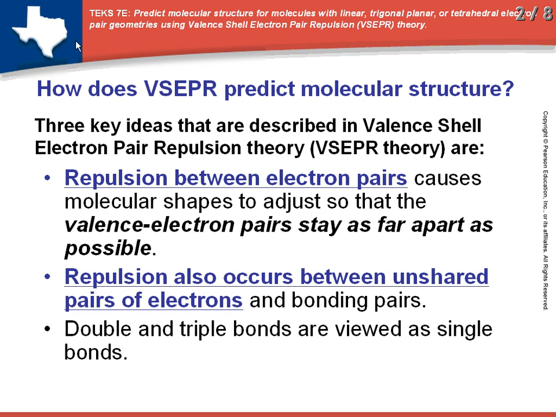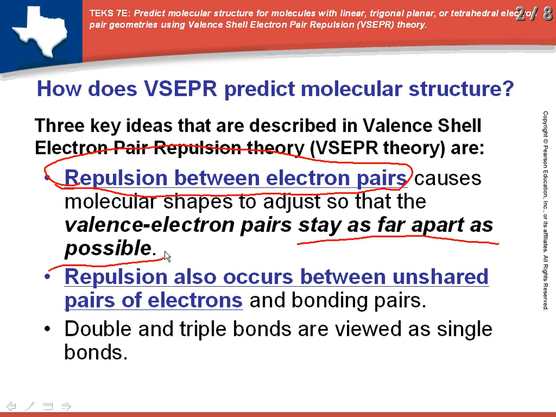Before I get into the types of shapes, let's just talk about the main aspects of VSEPR theory. Number one thing is that electrons repel each other. They don't want to be next to each other. Electron pairs repel. They want to stay as far apart as possible. That's for electrons being shared in covalent bonds.